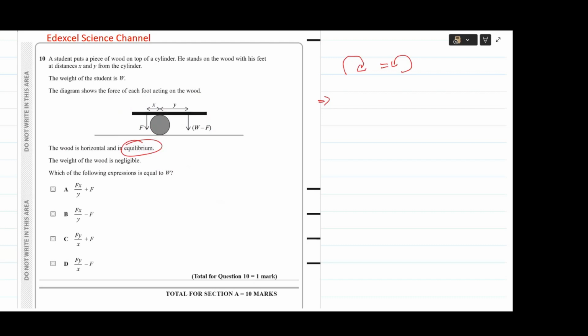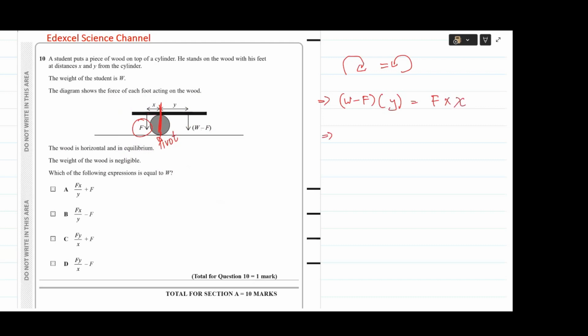Now, for the clockwise moment, this is the clockwise moment: my force times the perpendicular distance from the pivot. We are taking this point as the pivot, so this is my pivot. This has a distance of y. And the anti-clockwise moment is this force, so F times x.